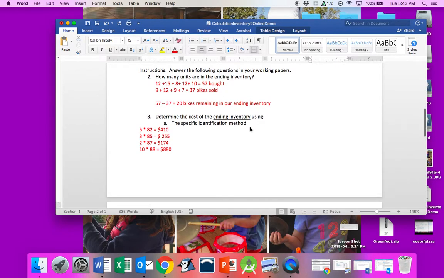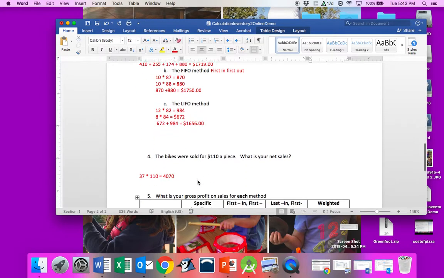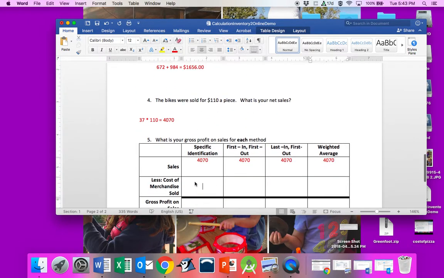So again, in specific, we have 1719. If you take 4848 minus 1719, you are going to get 3129.